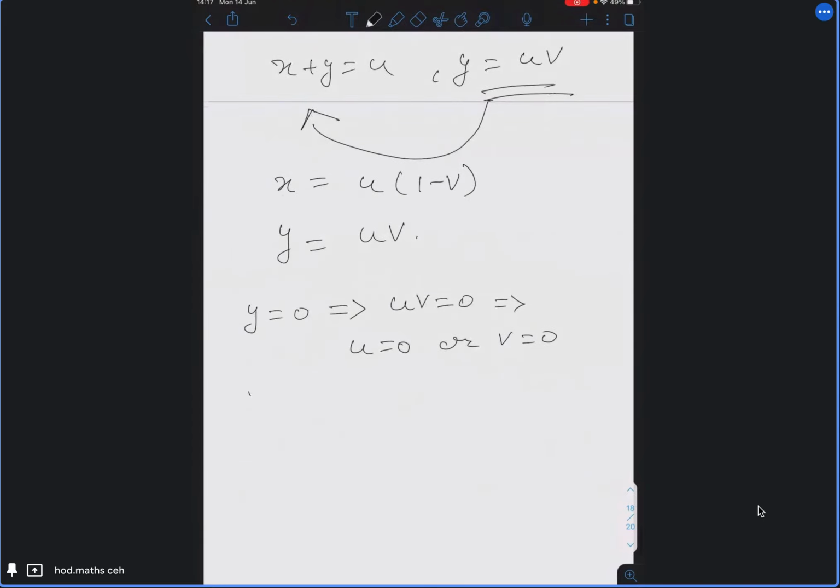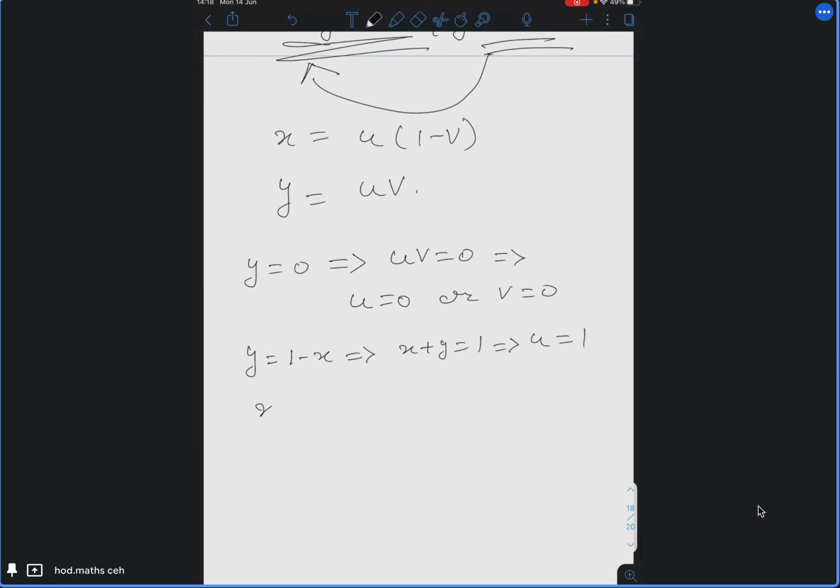Next one, y is equal to 1 minus x, it is given. That means x plus y is equal to 1. I have rewritten the same equation. And what is x plus y? Tell me. It is u. So u is equal to 1 I have got here by using this relation.